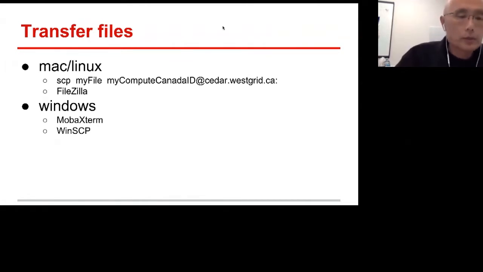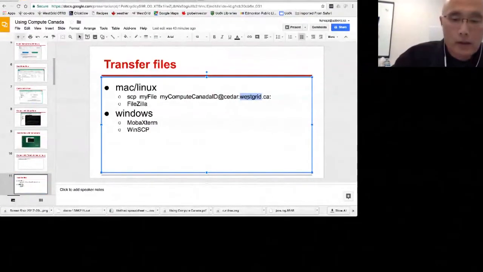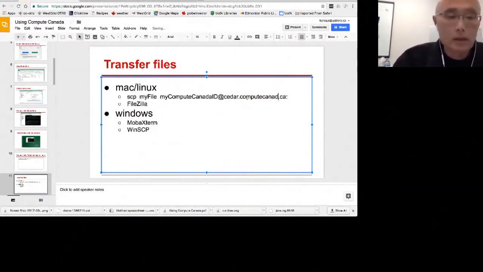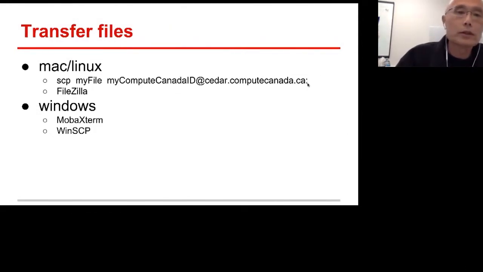That should be Cedar. Let me just correct that while I can remember. So cedar.computecanada.ca followed by a colon, and that's very important. If you don't put that colon in, it will just copy that file to this big long name.